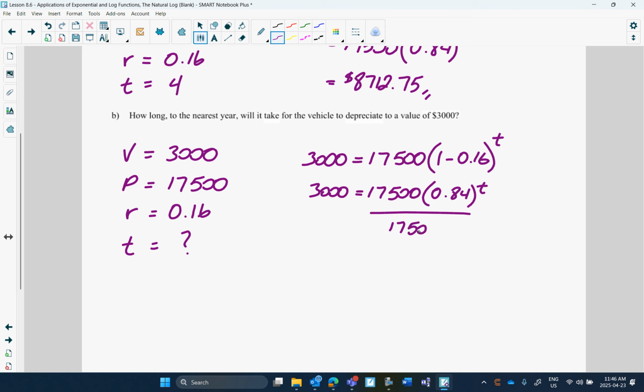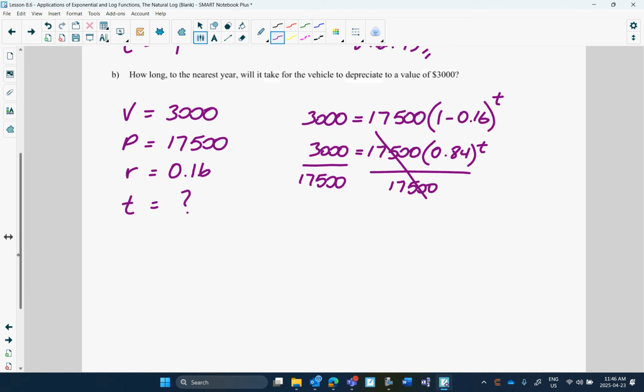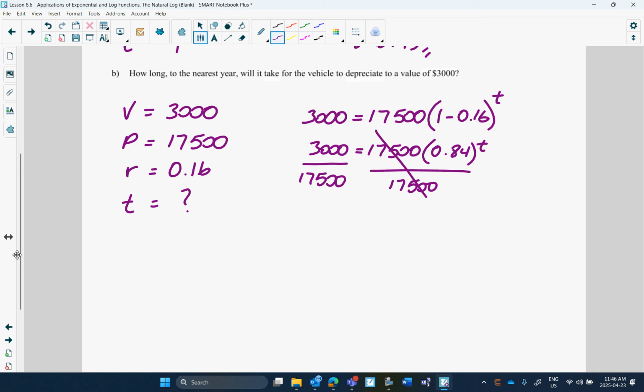So divide by 17.5. 3,000 divided by 17.5 is 0.171428571, which equals 0.84 to the t. I don't need the parentheses anymore.